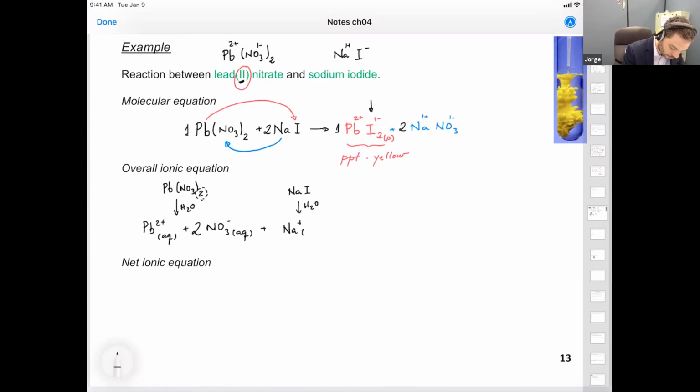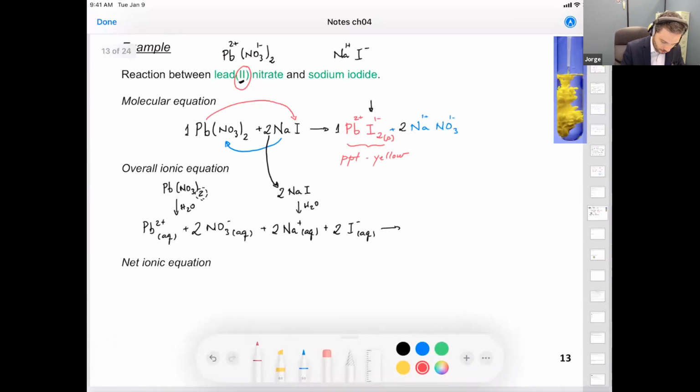So we have here sodium plus and iodide 1 minus in solution. So one thing that I like to do here, and will avoid balancing out the reaction later, is to use the same stoichiometric coefficient that was used in the molecular equation, okay? So we know that we need to have two sodium iodides to react with each lead nitrate, and then you just inherit the stoichiometric coefficients here in your equation.